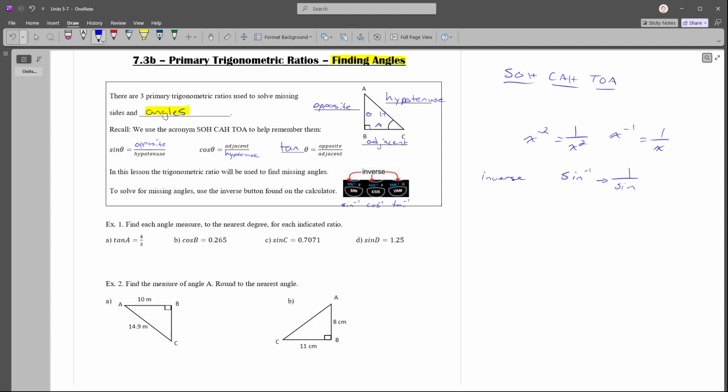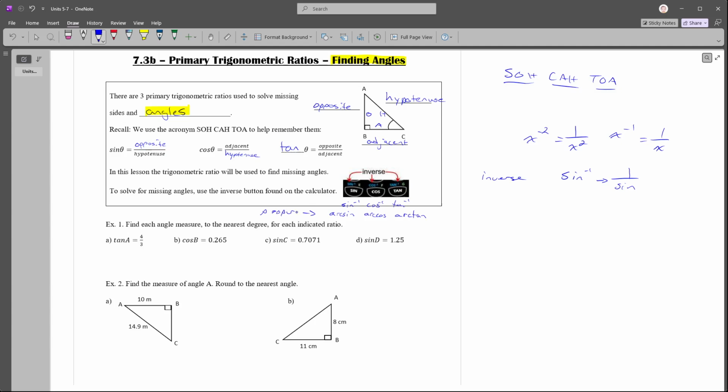So instead, the proper name for these things is, we don't say sine inverse or inverse sine. What we say is arc sine. This is the proper name for it, or arc cos, or arc tan. So these are technically the correct names for these things.